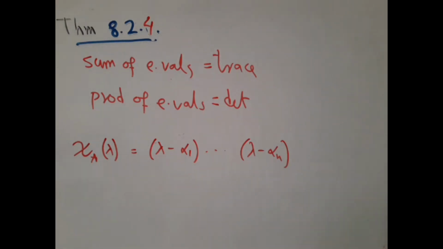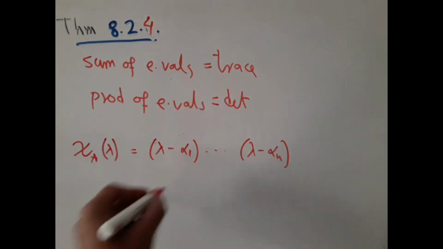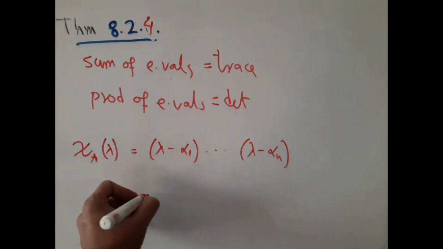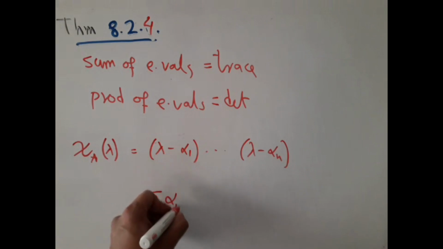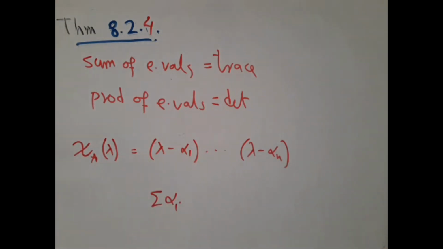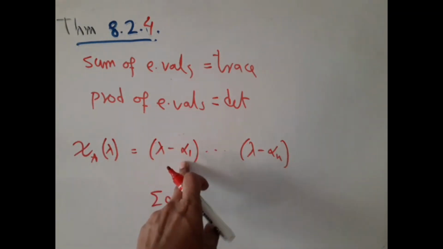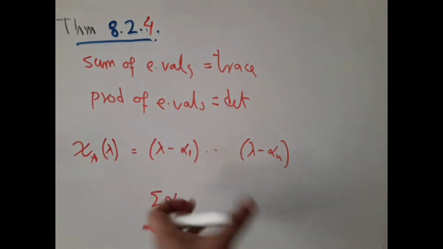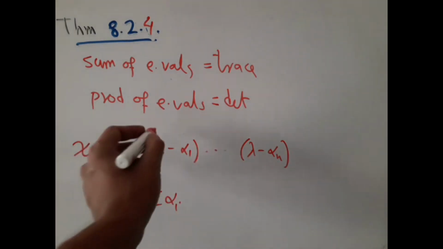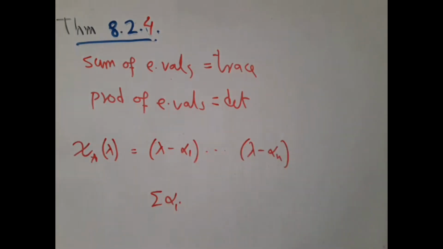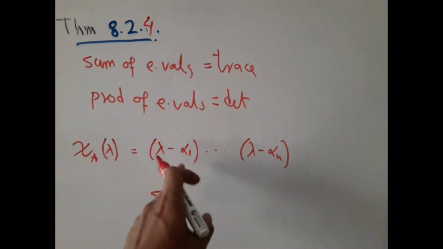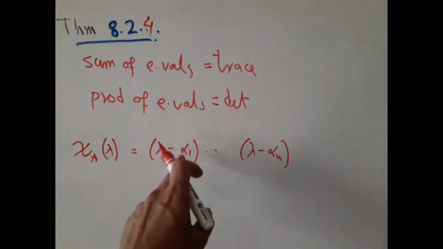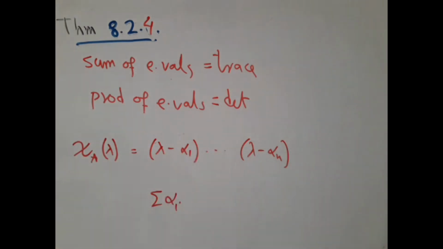Now, if I just expand, I know that there will be one coefficient which will be given by the summation of alpha i. And which one is that? That one will be the one where I am picking only one alpha i from one term and lambdas from each of the other terms. How do I get the terms? I pick one from each of these factors. In case I want to get the summation of alpha i, no two alphas are getting multiplied together.